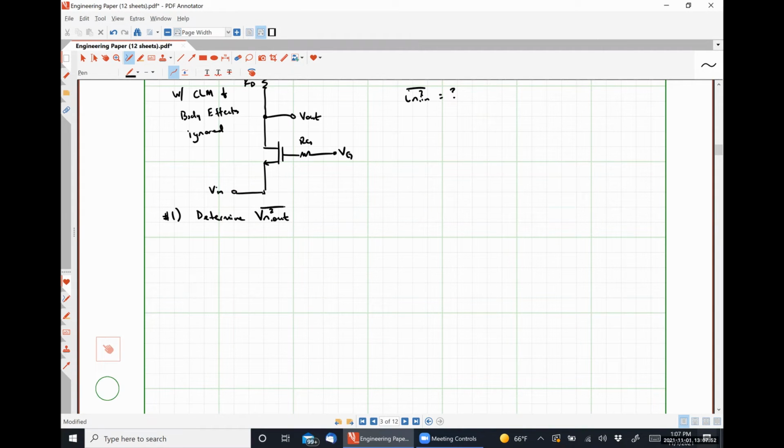So for our circuit, we know that our resistor RD is a white noise generator, and I am choosing to represent that with the parallel representation, a noise current in parallel with the resistor RD.